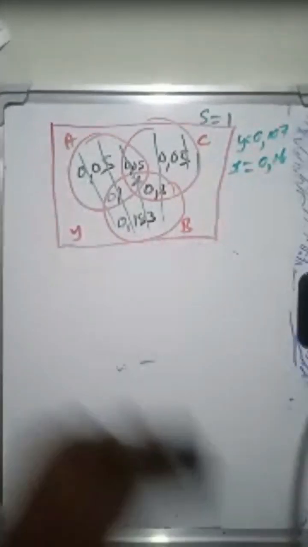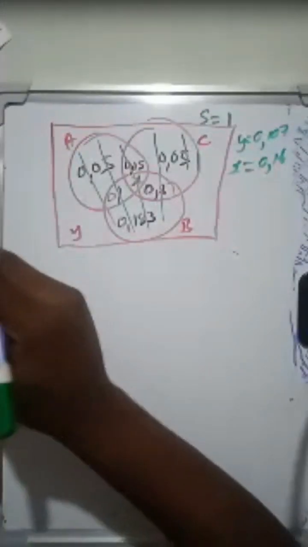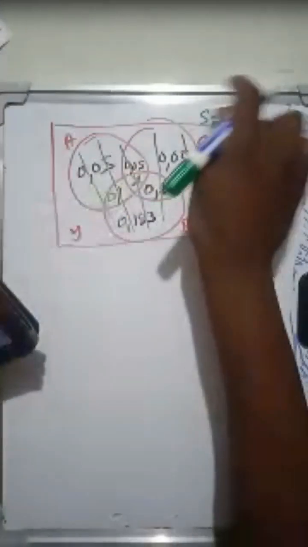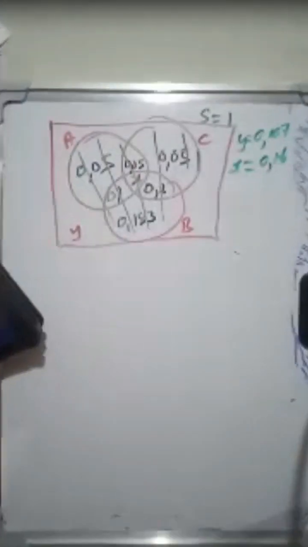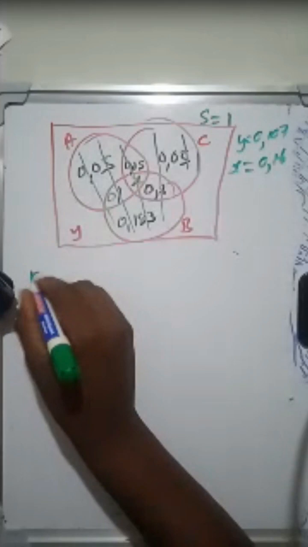Then now we use that to answer. Remember that these are probabilities, not numbers, and the total probability is 1. Determine the probability that at least 2 of these events will take place. At least 2, that is 10.1.2, right?